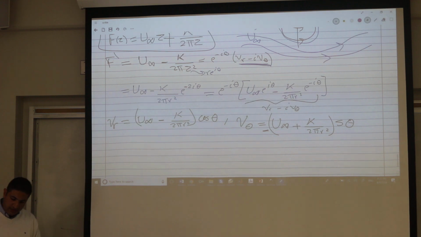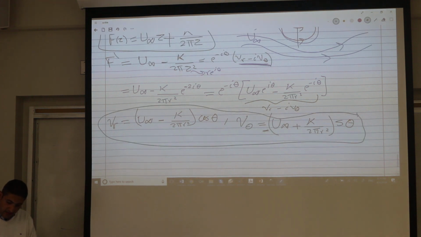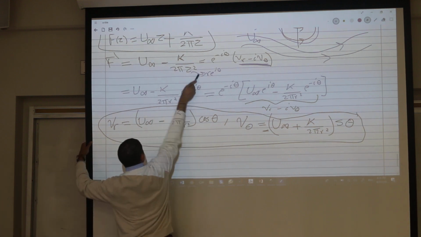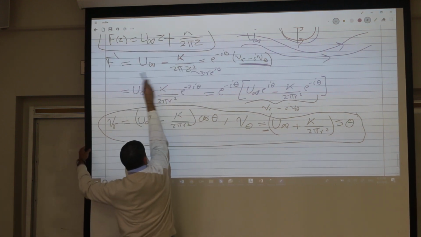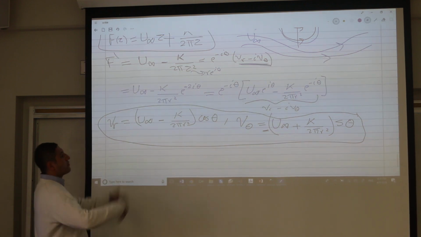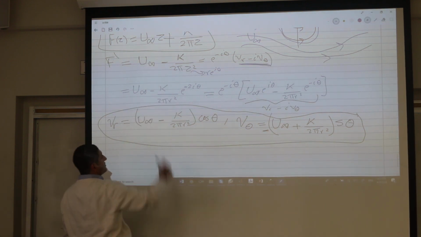So actually I didn't need to go over the way here to get the stagnation point, but anyway we will need these components later. You can get the stagnation point from here directly. This is the complex conjugate of the velocity. To get a stagnation point, meaning all the components are 0, just equate this guy to 0.